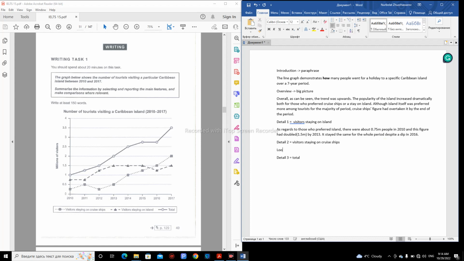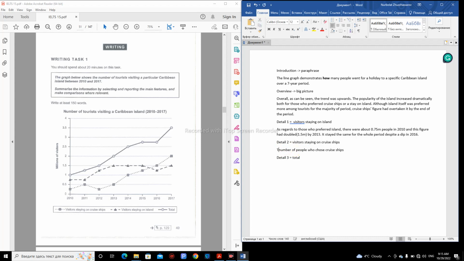Looking at the number of people who chose cruise ships, I think we don't really need looking at the number of people.